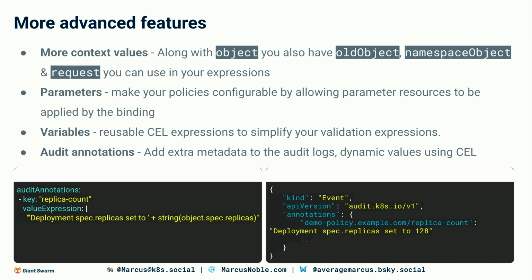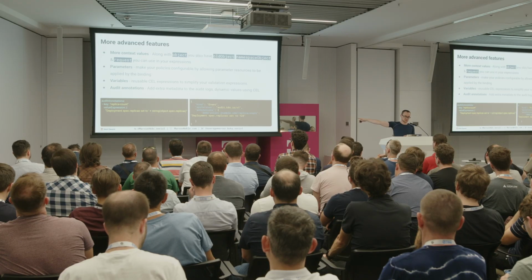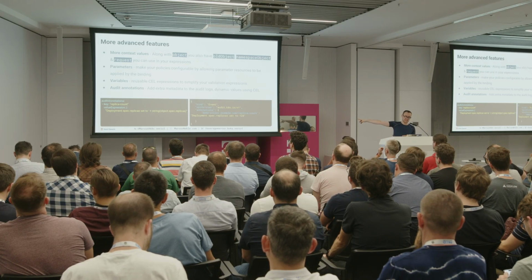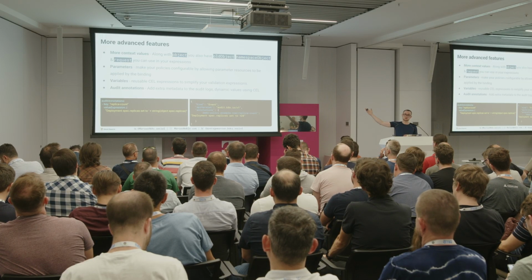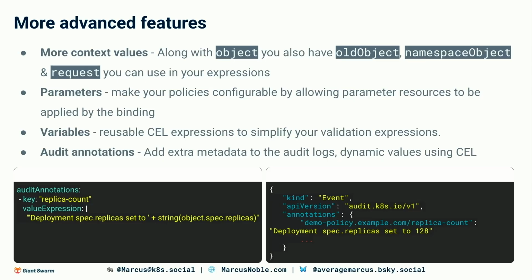So in this example, we're saying the deployment spec replicas are set to, and then actually pulling out the value of what they tried to set it to. So in our audit log, we can then see the key gets prepended with the policy name / the audit annotation key that we've set. And then you can see here, somebody tried to set it to 128 replicas when our max was 3.